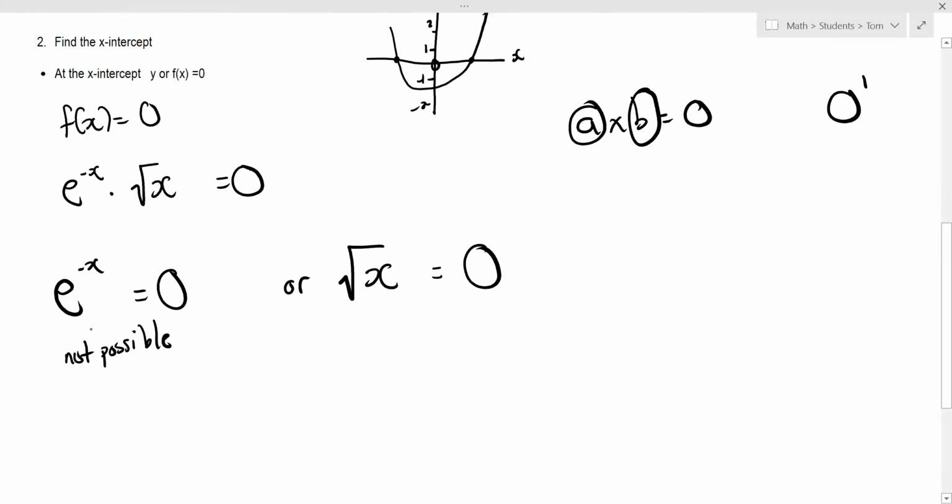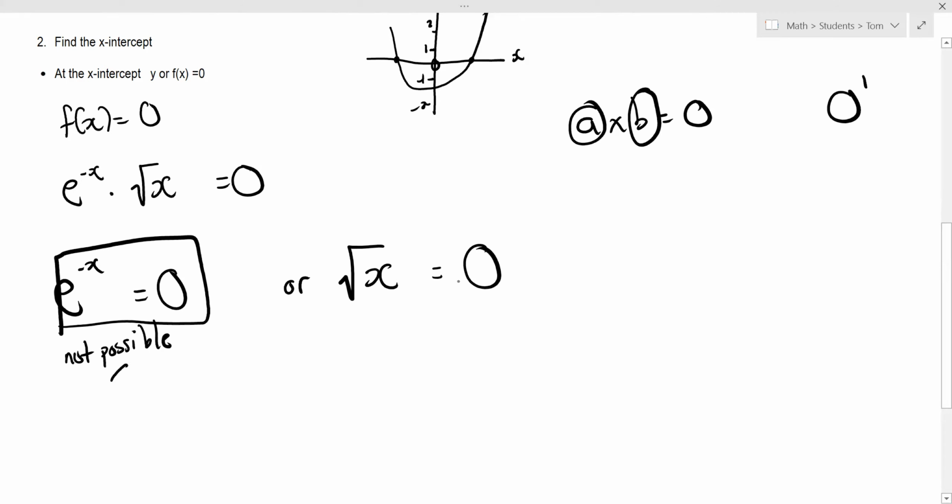E to the power of negative x, on its own, will actually have a horizontal asymptote at 0. So it's not possible, and this is crossed out.